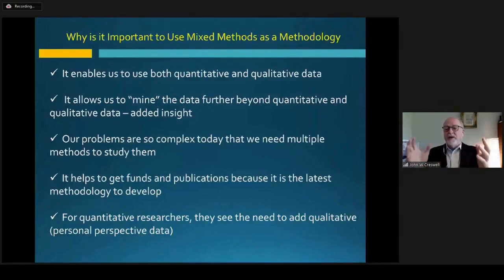That helps get funding, it helps get publications, and I think what has made mixed methods different than the development of other methodologies is that mixed methods has expanded and grown during this internet period that we're in, where now we can share information widely to many people around the world through the internet, through webinars, through Facebook messages, through email.